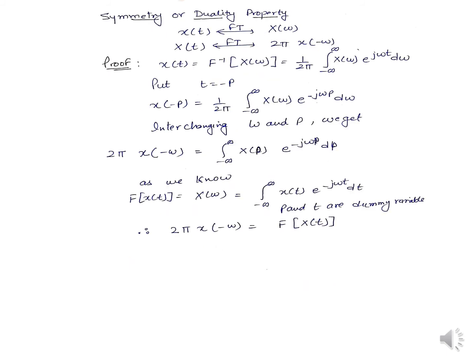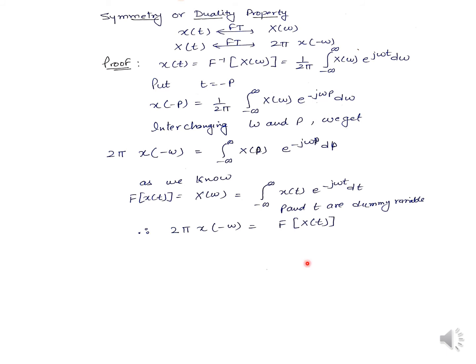Symmetry or duality property. It's a very important property of the Fourier transform, which we will keep on using for the signals for which we will not be able to find the Fourier transform using the direct method of integration. So it's the symmetry or duality property.